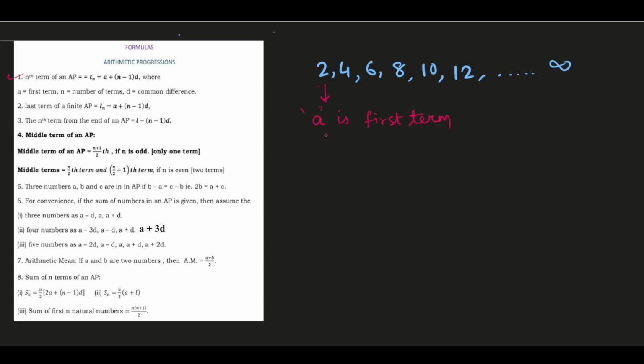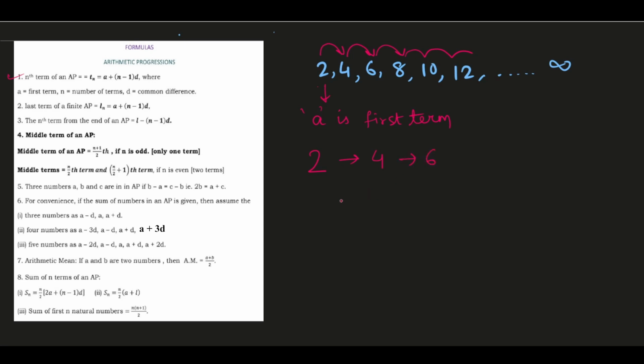Then just look at how we got the second term, and after the second term how did we get the third term, then the fourth term, and so on. So you will see a pattern here. After 2 we got 4, after 4 we got 6.